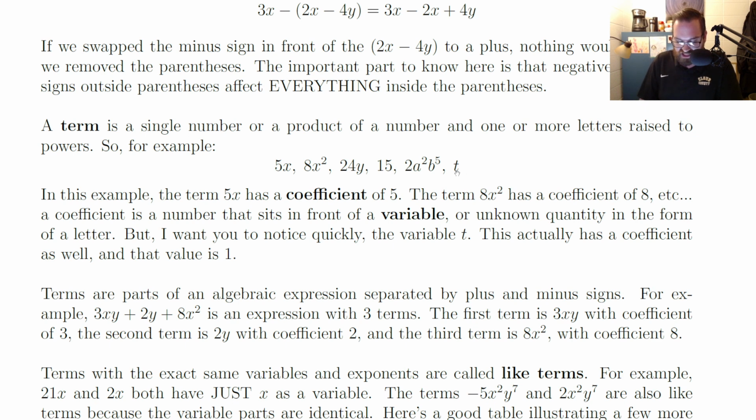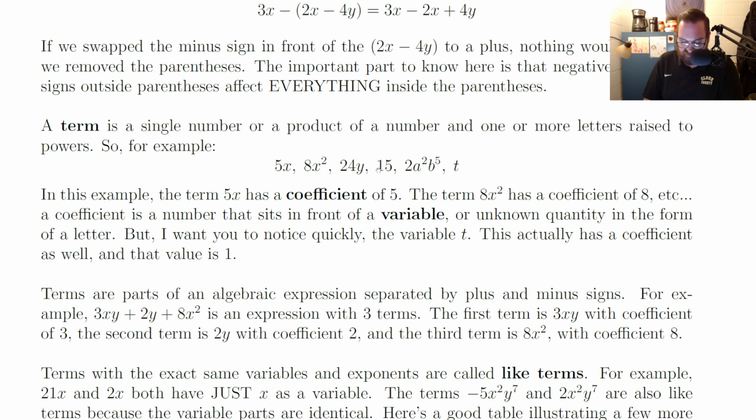And on this t, you'll notice that there isn't a coefficient in front of it. If there's no coefficient listed in front of a variable like this, the coefficient is implied to be a 1. You can think of an imaginary 1 sitting right there, and that would be the coefficient in this case.